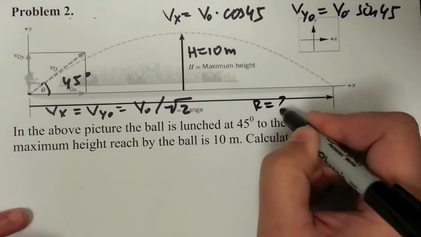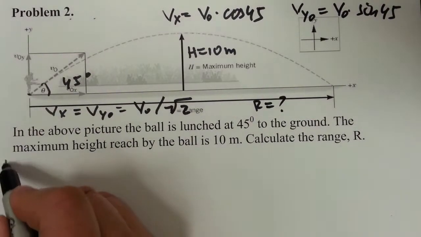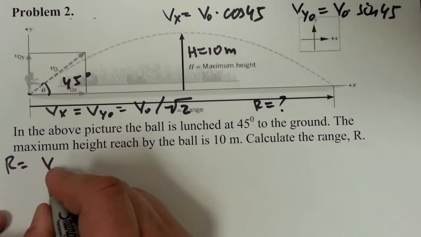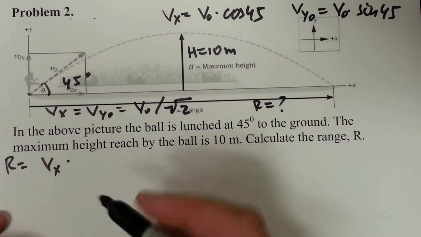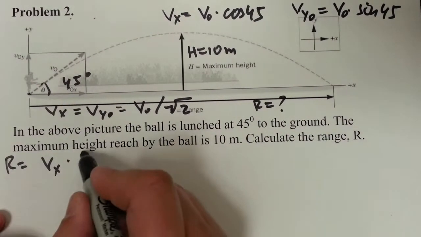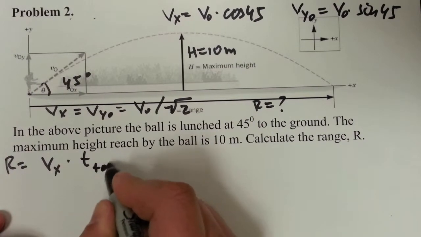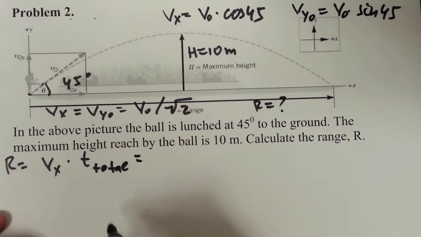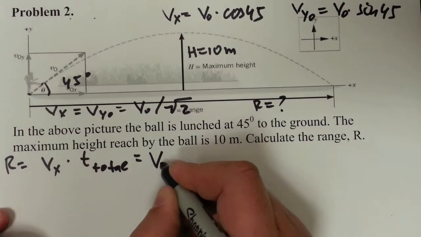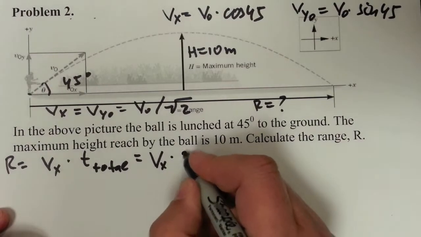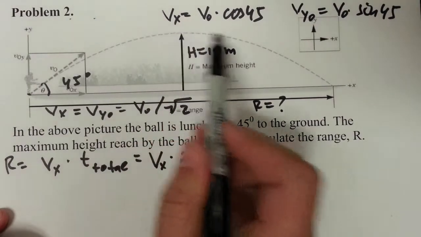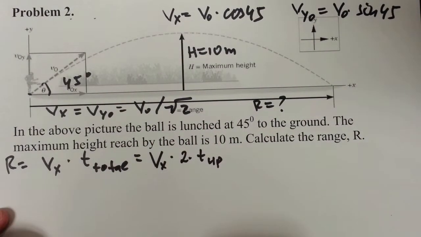The range, that's what we're looking for, and we know the range has to be equal to the initial x, which is just Vx, it stays the same, times total time, which is 2 times time up, because time up and time down in this case are equal to each other.